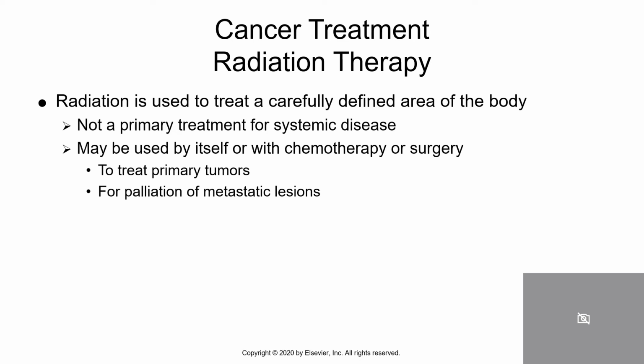It's not a primary treatment for systemic disease, but I do want you to know that radiation can be given systemically. So radiation can be offered via external radiation, when they're using the beam, it can be used through brachytherapy, or it can be given systemically through either an oral route or intravenously.